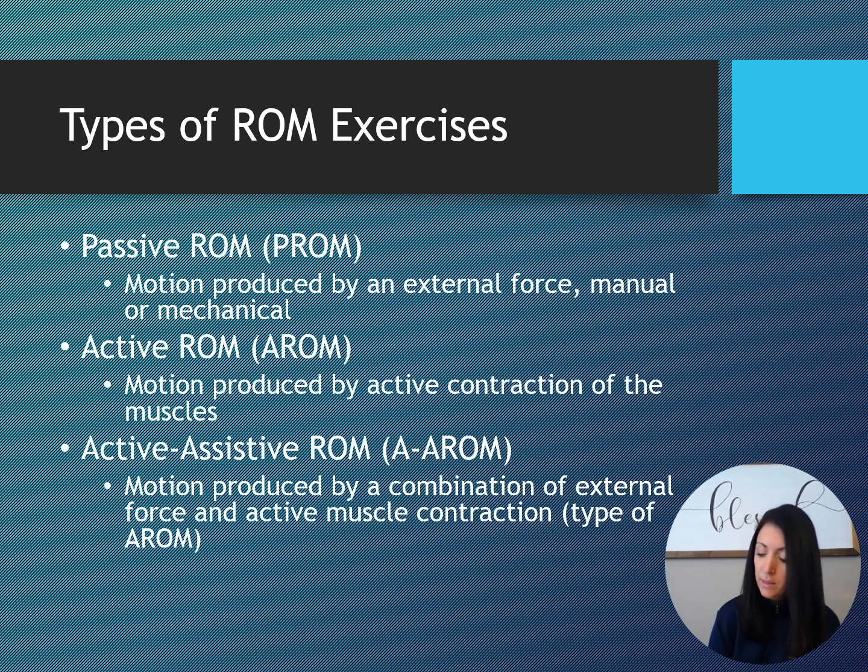The external force may be from gravity, a machine, another individual, or another part of the individual's own body. A machine would be like the continuous passive motion, the CPM machines that maybe you have seen for a total knee replacement.